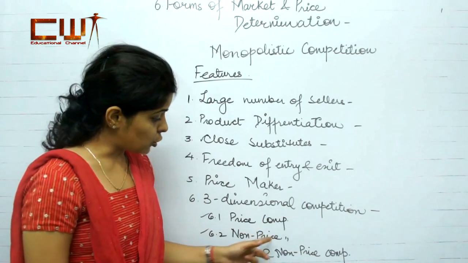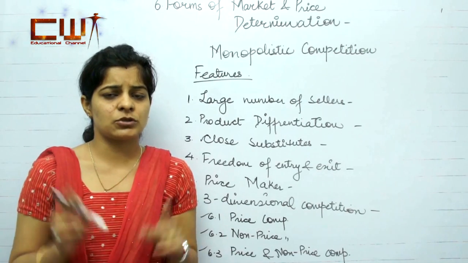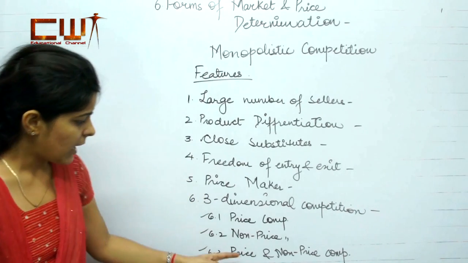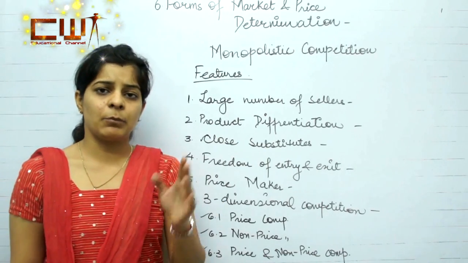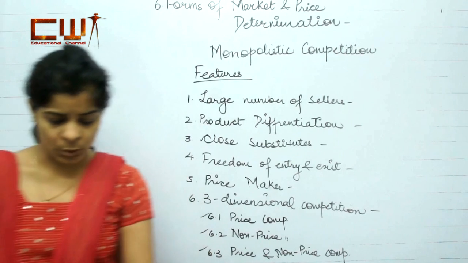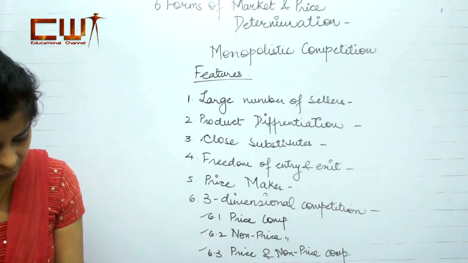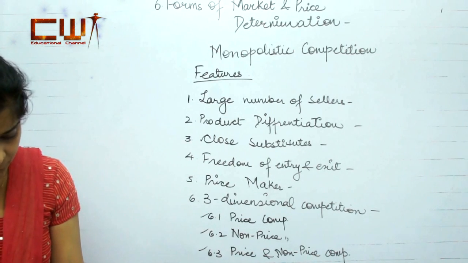So that is non-price competition. They are competitors, but not on the basis of prices, but on other grounds. Price and non-price competition means they are competing on the grounds of both price and non-price. So this is how you have the three-dimensional competition under this, right?